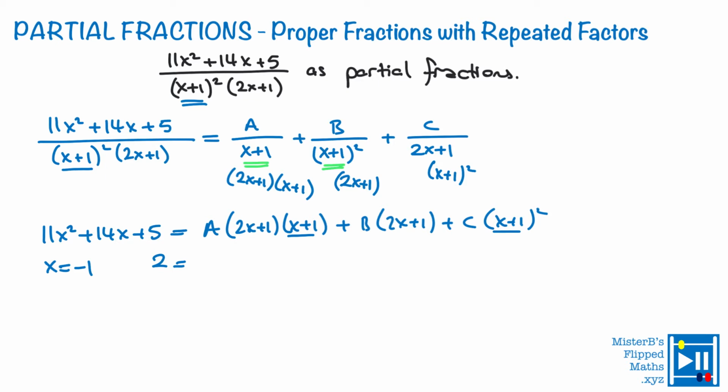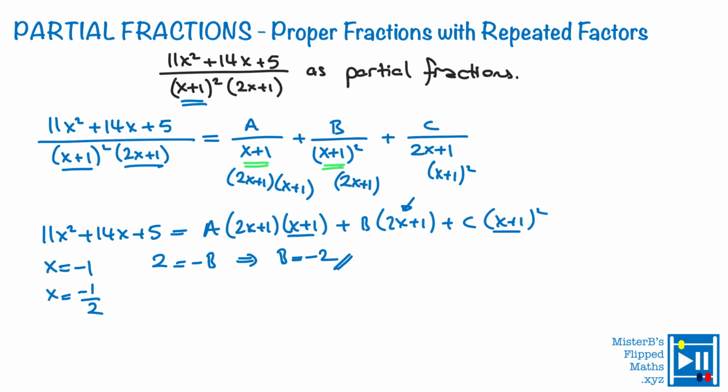So when I substitute -1, they become 0, and these terms just go to 0. So basically, I calculate the second term. So it's -1 times 2 minus 2 plus 1 minus 1 times B, which is minus B. Hence, B is -2.